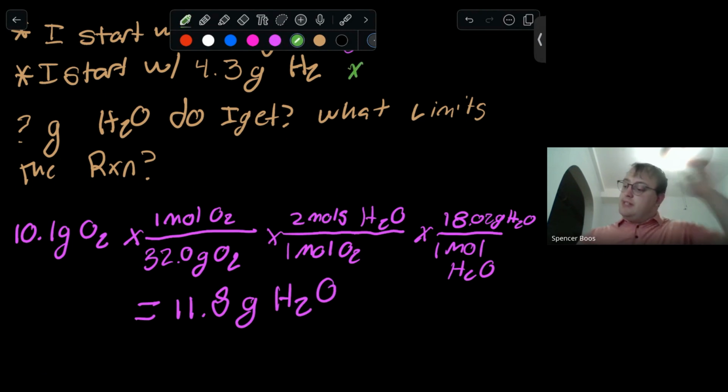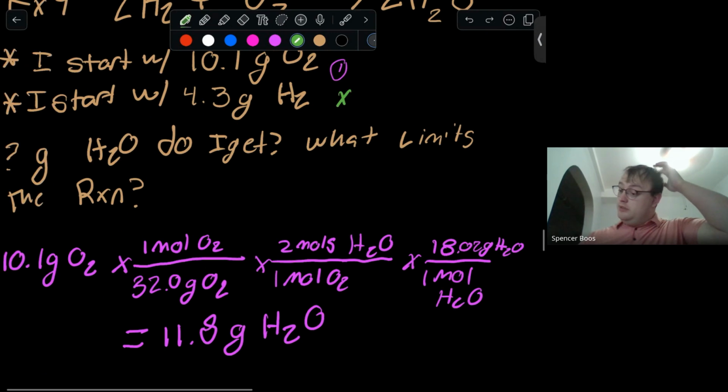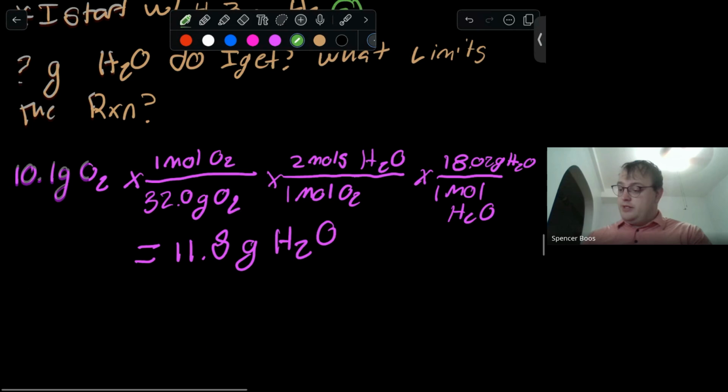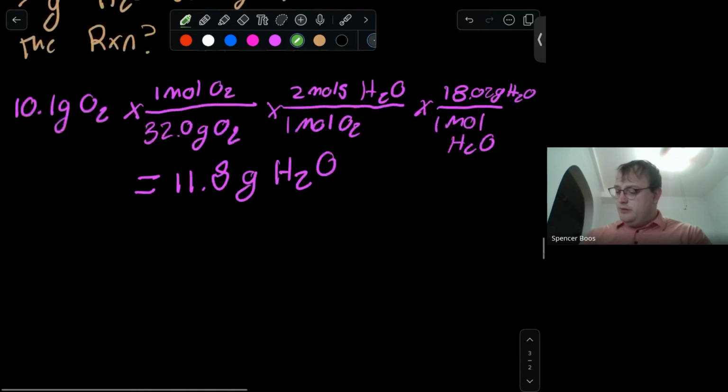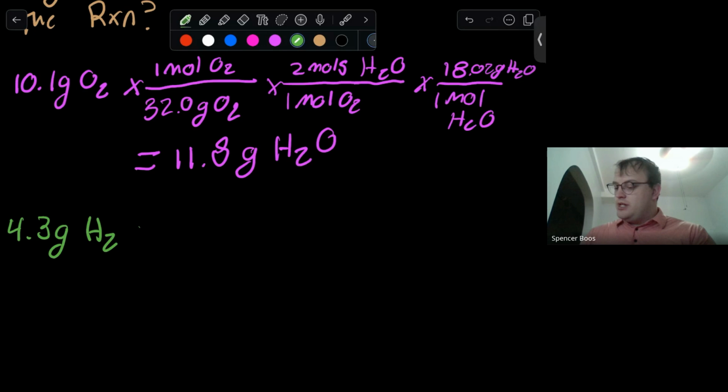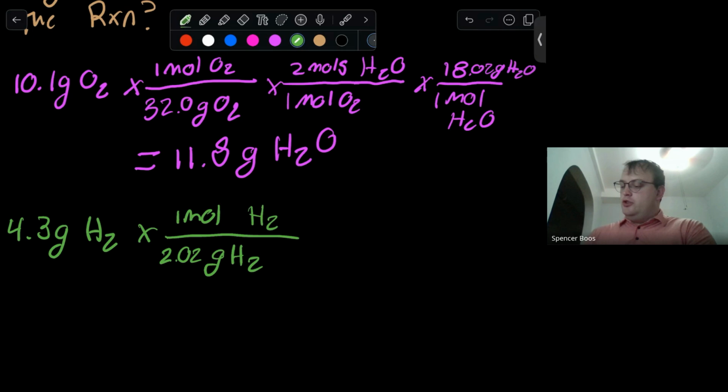Now I do my second one. I have how many grams? 4.3 grams of H2 times. I know that in every 2.02 grams of H2, I get 1 mole of H2.